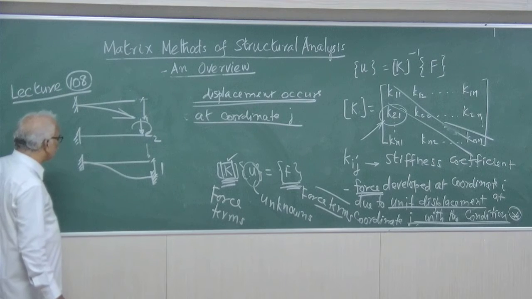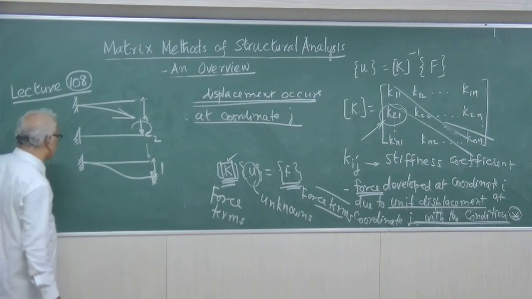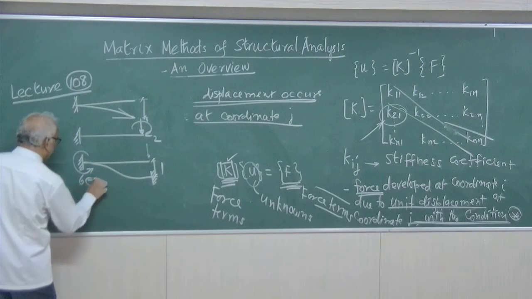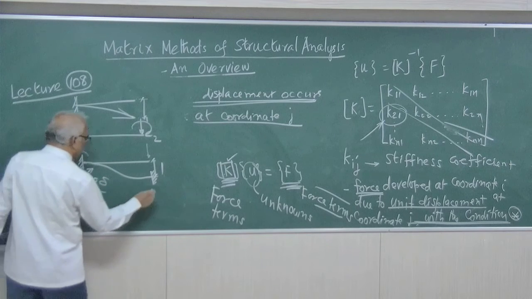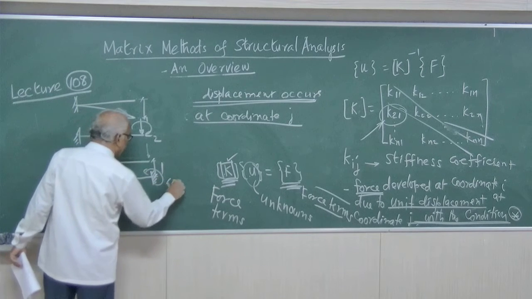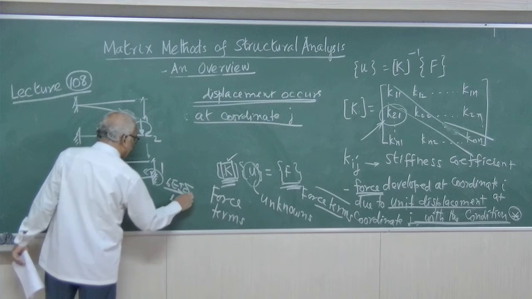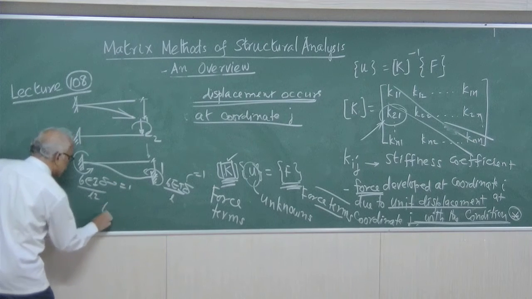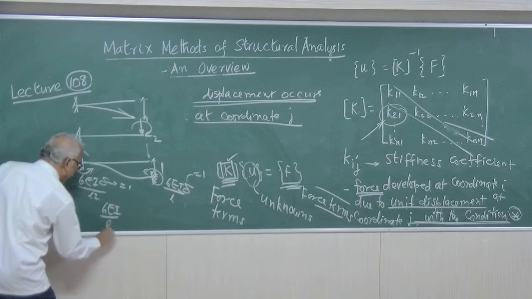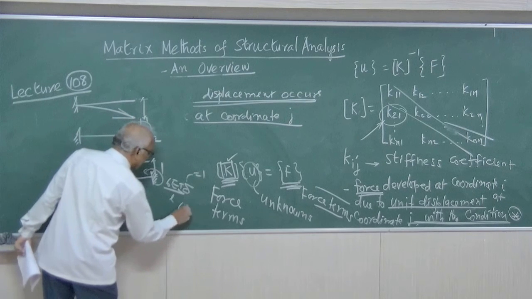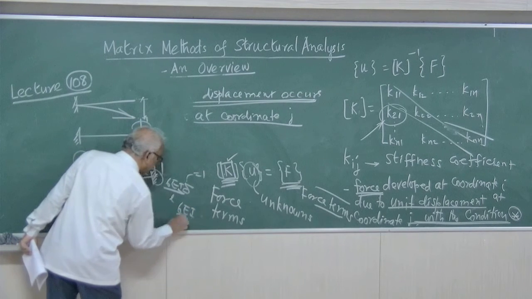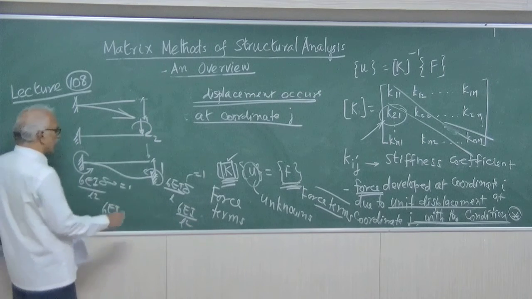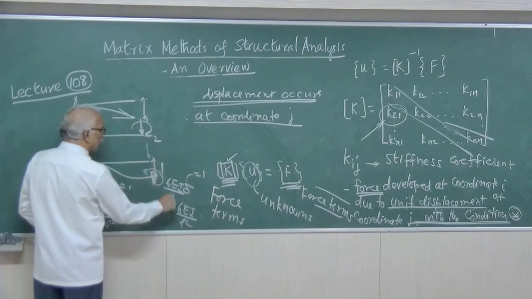So when you allow only vertical displacement, you know the forces developed will be 6EI delta by L square here, and here also 6EI delta by L square. Already we have learned this, and delta equal to unity. Therefore it is 6EI by L square, and here also 6EI by L square. Therefore, when you allow the vertical displacement, you should not allow rotation.